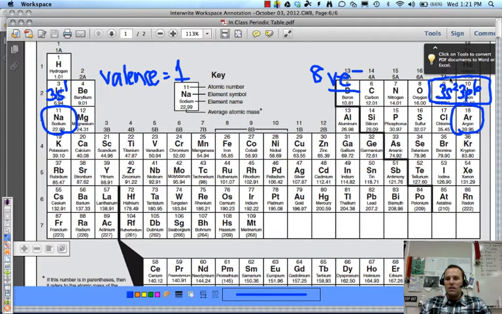All of these elements over here end in the same kind of idea. This is 4s2, 4p6. That's what krypton ends in. Xenon ends in 5s2, 5p6. So again, their outermost energy level is full with 8 valence electrons, whereas potassium would end in 4s1. So it only has 1 valence electron.